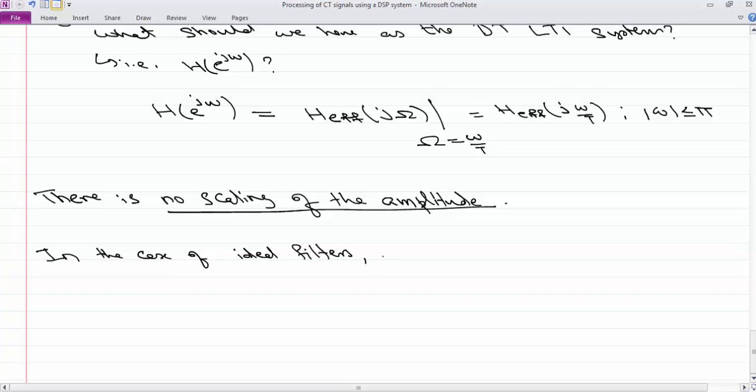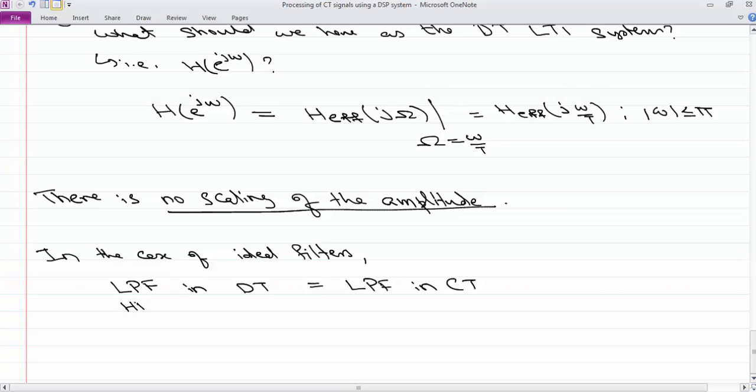what happens is that a low pass filter in discrete time acts as a low pass filter in continuous time. Because all that happens is there's just a stretching or compressing of the frequency axis. That's it. Again, under the two conditions that we talked about earlier.